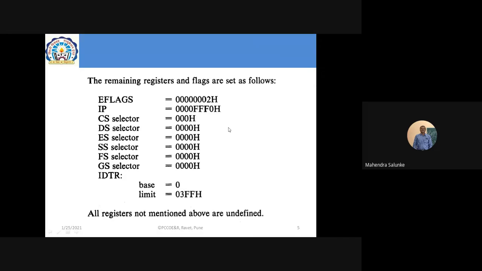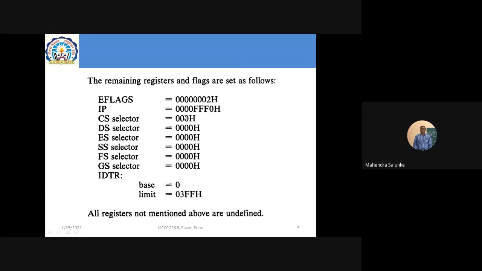Whatever the reset address of an Intel microprocessor, it always has the lower digit as 0 and the upper digits as F. If you compare with the 8086, a 20-bit physical address was there, so the reset address was FFFF0. But with the 80386, a 32-bit address is there, so the upper 7 digits are F and the lower digit is 0. That is the reset address.